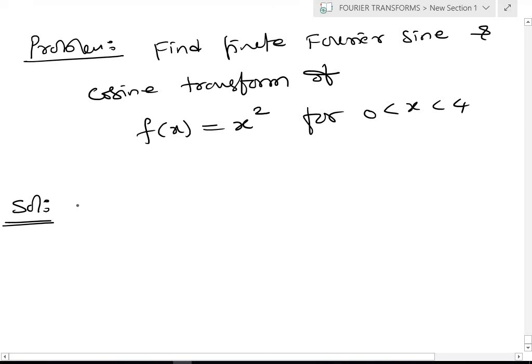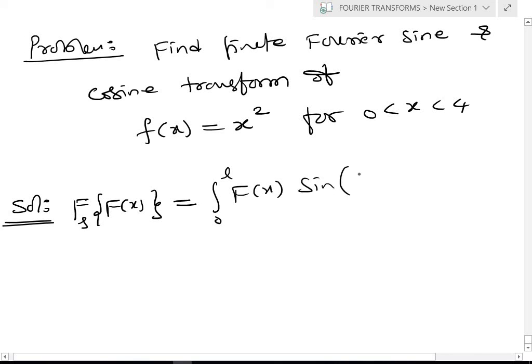We will directly substitute in the formula. The finite Fourier sine transformation will be, we have the direct formula, that is 0 to L f of x into sine of n pi x by L into dx.